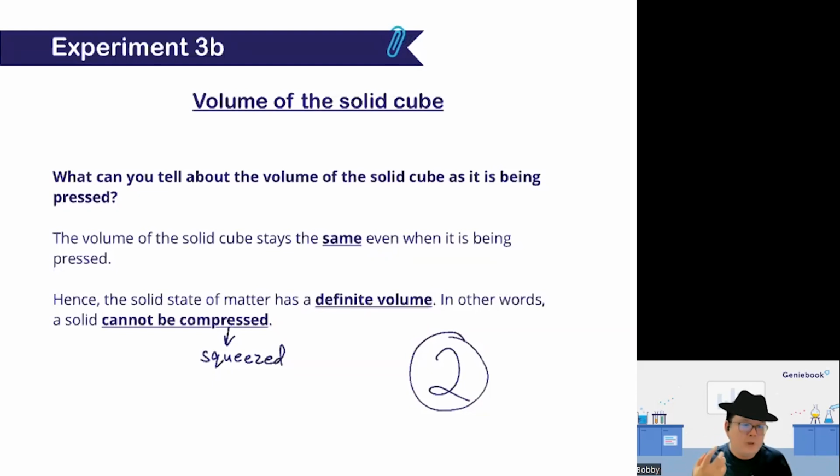So that's an example of compress. An example is like a sponge. All of you guys should know what a sponge is. If not, maybe later you can go to the kitchen or go to the sink and press your sponge.